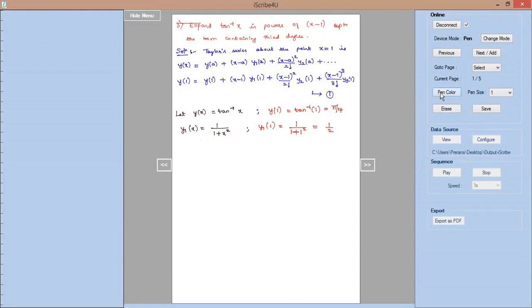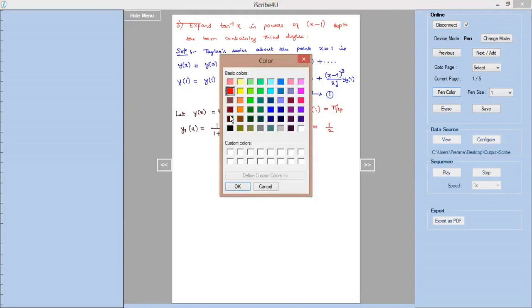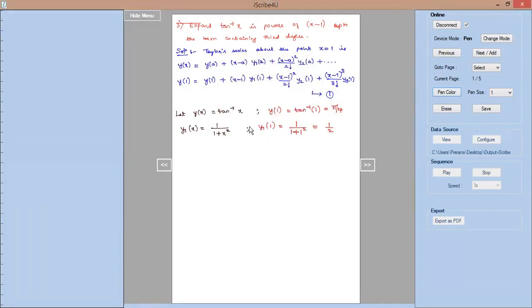Next we will find the next derivative, that is y2 of x. Before finding y2 of x, for convenience we can cross multiply this to the left hand side so that we can apply the product rule. We can avoid using the quotient rule, and that is the reason I cross multiply this term to the left hand part. So we have 1 plus x square into y1 is equal to 1.